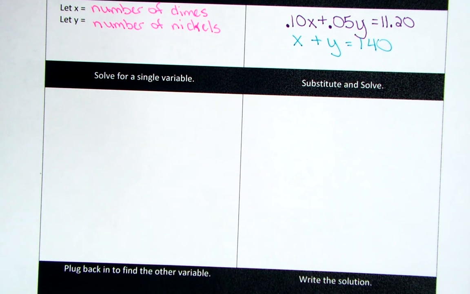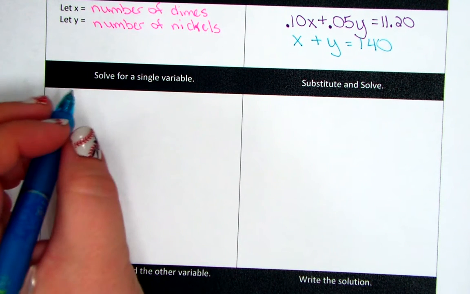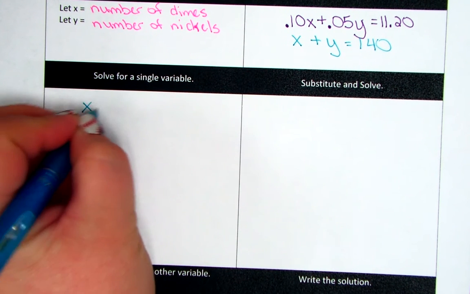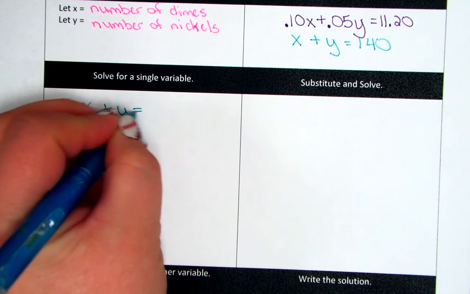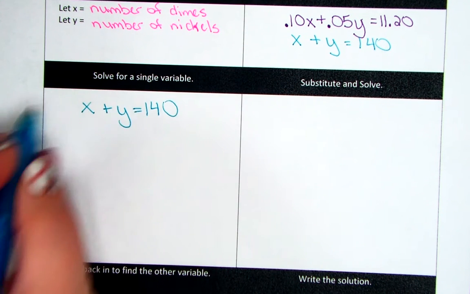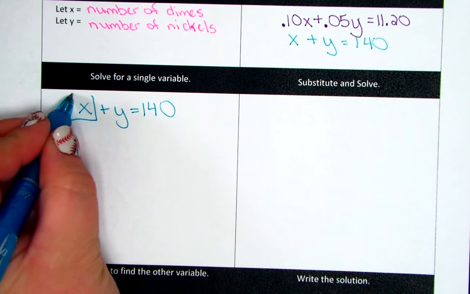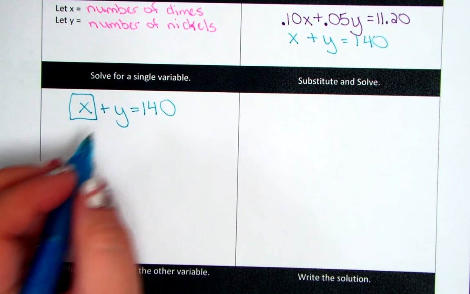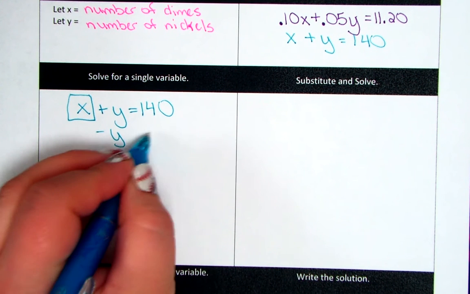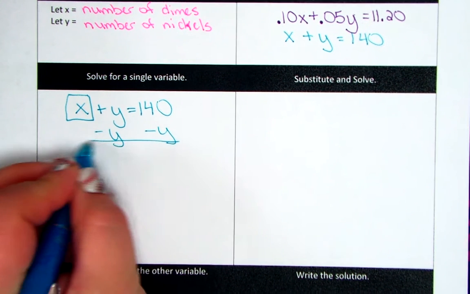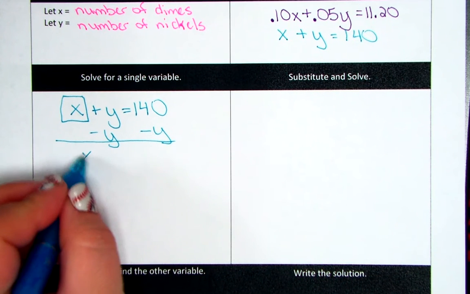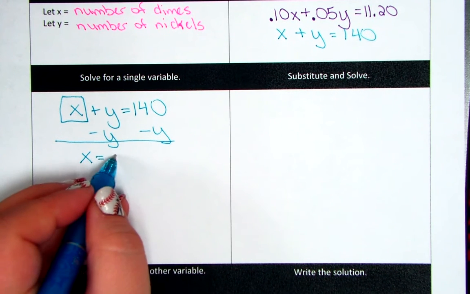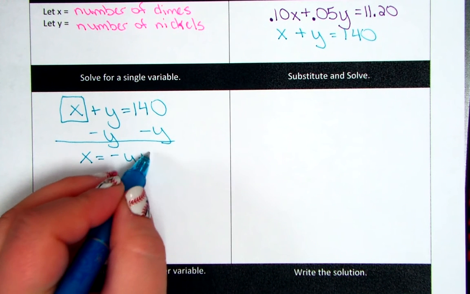So I'm going to choose to get X by itself. You should still get the same final answer if you had chosen to get Y by itself. But to get X by itself, I must subtract Y from both sides, leaving X by itself, and it equals negative Y plus 140.